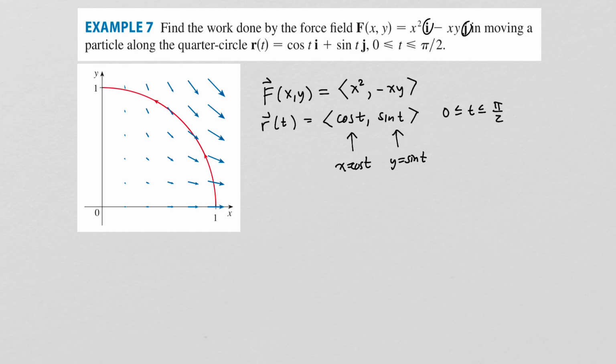So the definition here is that the work done is going to be the integral along the curve C of f dot dr. This is going to be the integral from 0 to pi over 2 of f of r of t dot product with r prime of t dt.